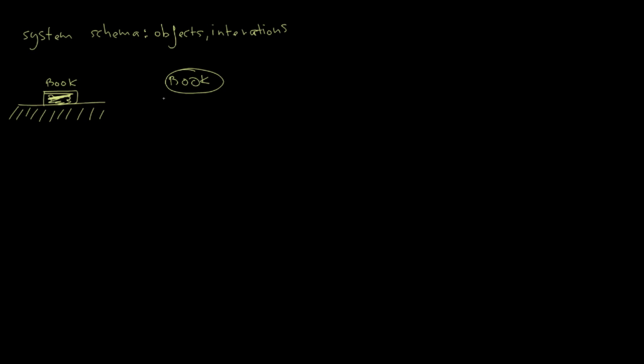Just draw a line around that word, and then the other object that I have in this particular physical phenomenon is the earth, and I surround that word with another line. Now this is everything I have in this physical situation: the book and the earth. So these are my two objects. Now I'm done with this part of the system schema.